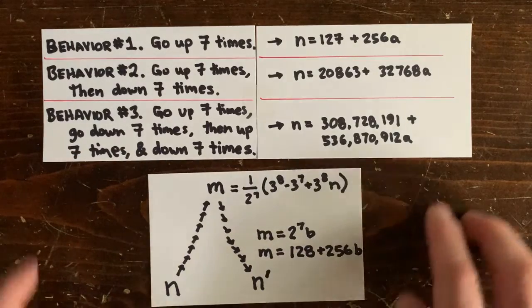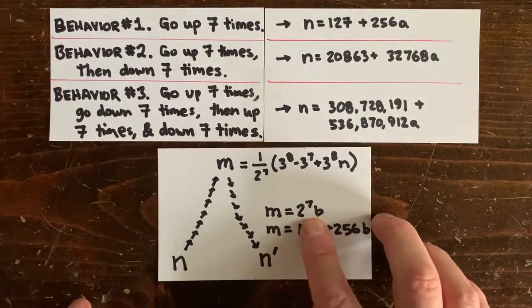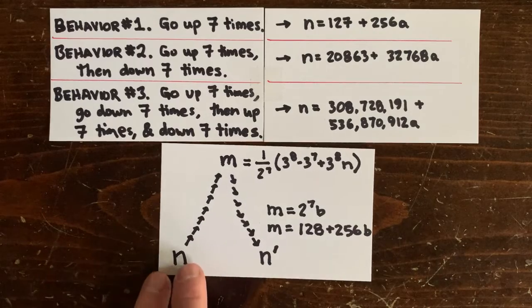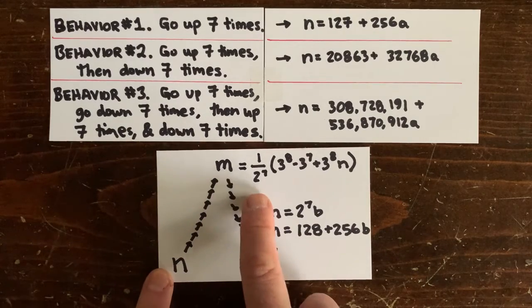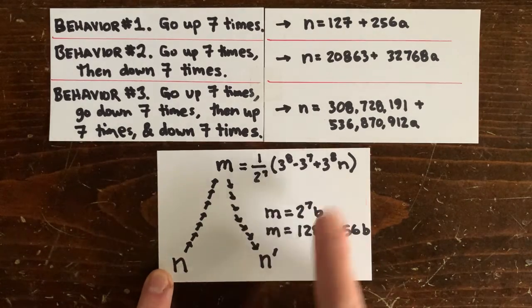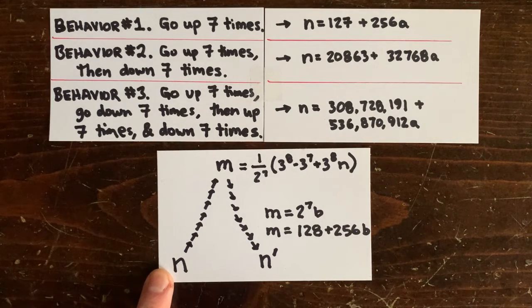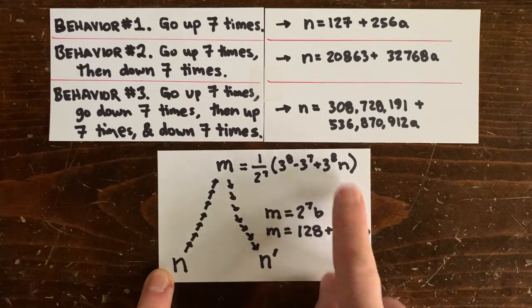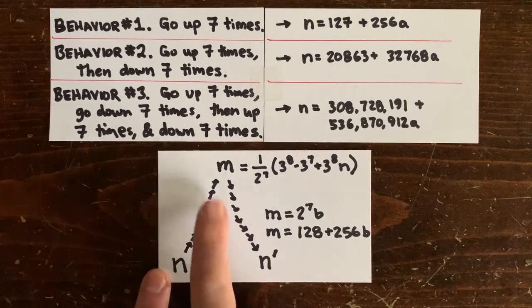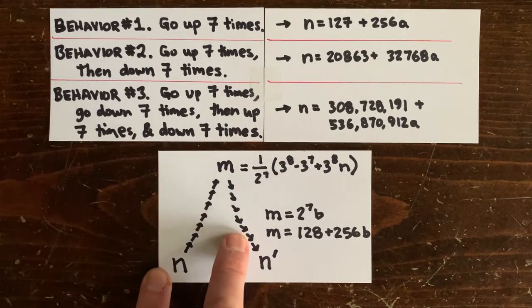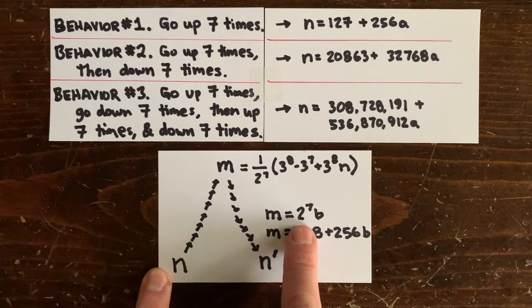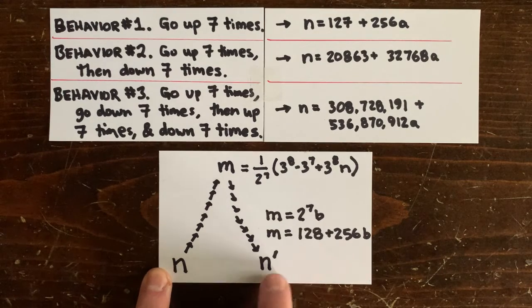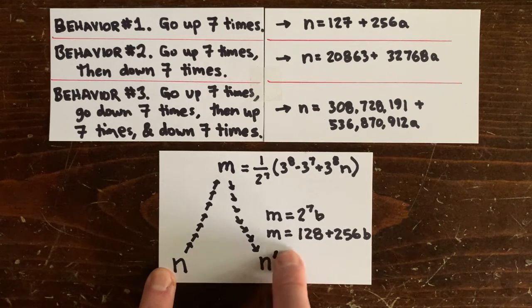So after n gets pushed through the (3n+1)/2 function 7 times, it winds up at m with this value. Skipping a few steps there. But you can tell m is a lot bigger than n. Now we want m to be a really even number that goes down 7 times in a row. So m is of the form 2^7·b, or 128b. Actually, 128 plus 256b, to avoid m going down an 8th time.